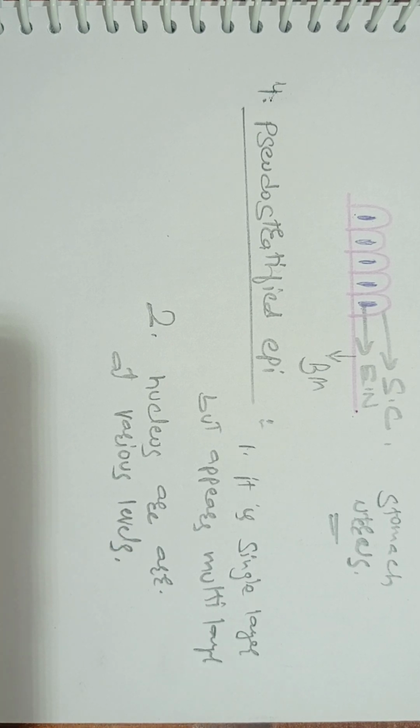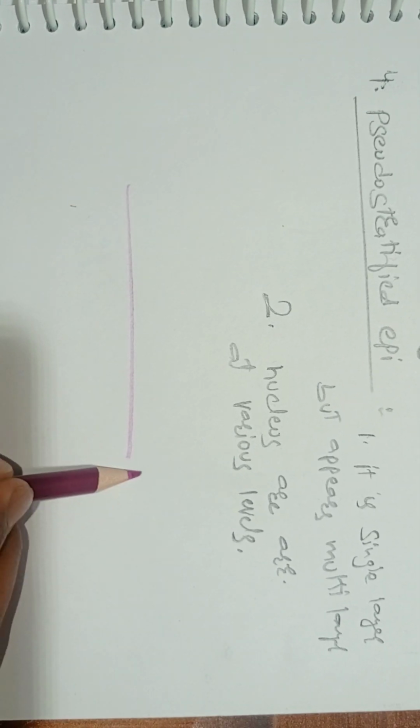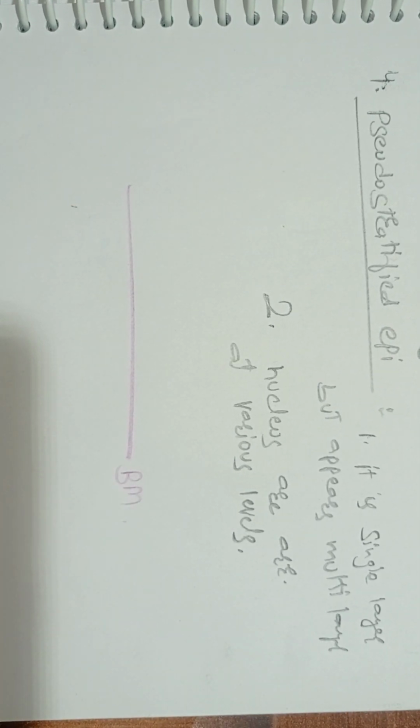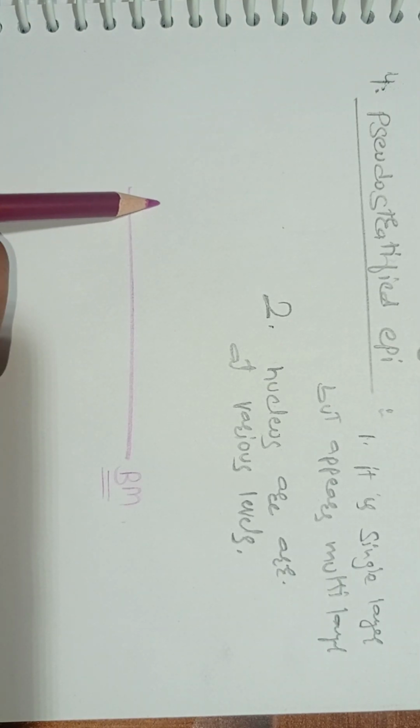Now let's draw the diagram of the pseudostratified epithelium. First, we draw the basement membrane like always, because in simple epithelium the single layer is present on the basement membrane. Now we draw the pseudostratified epithelium.